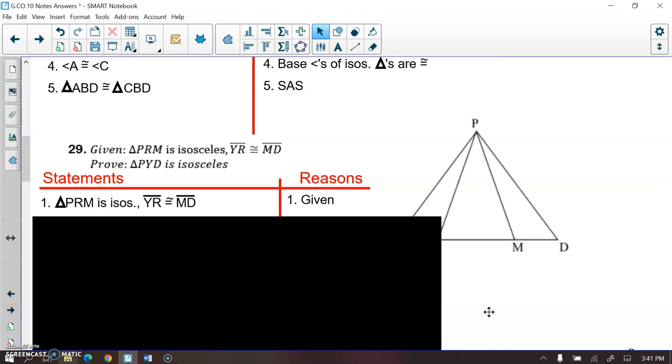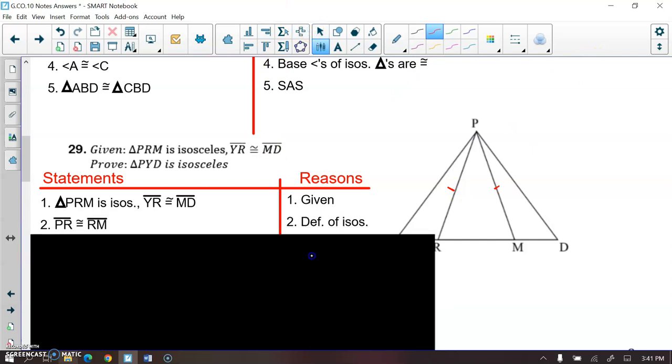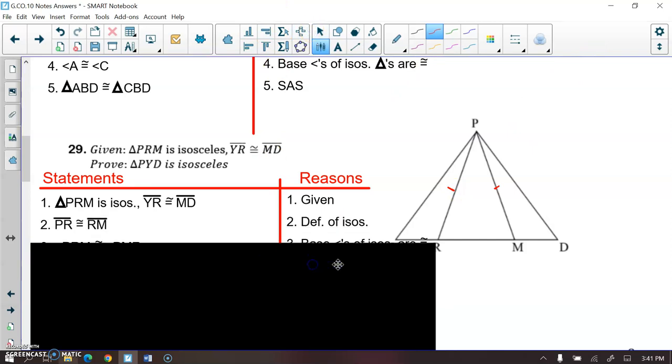So knowing that PRM is an isosceles triangle, that would mean that PM and PR are congruent. That's by the definition of isosceles. I'm also going to mark that I know that YR and MD are congruent because that was given.